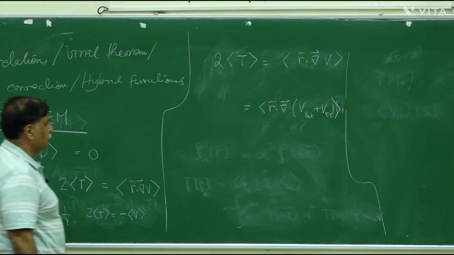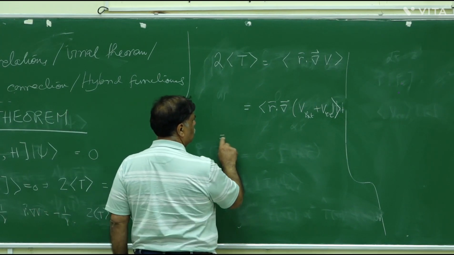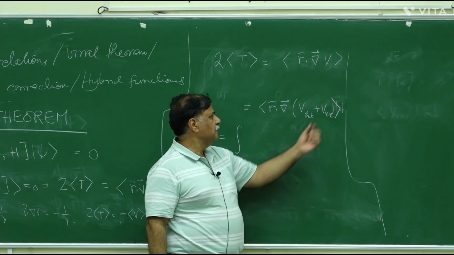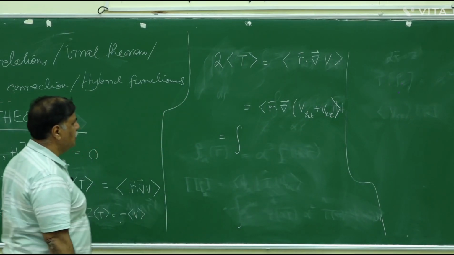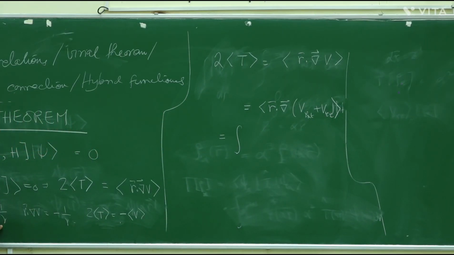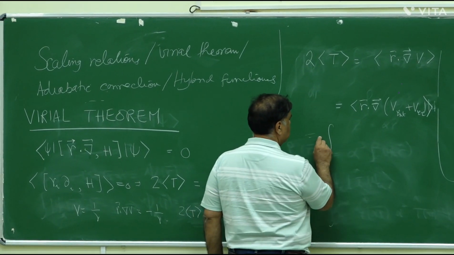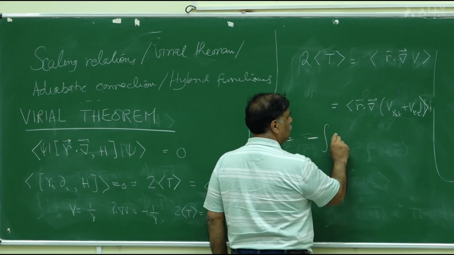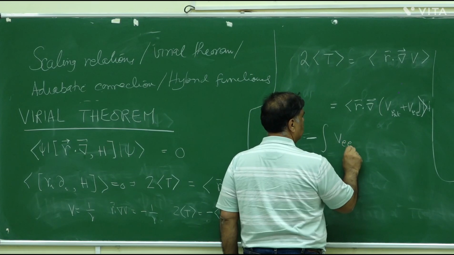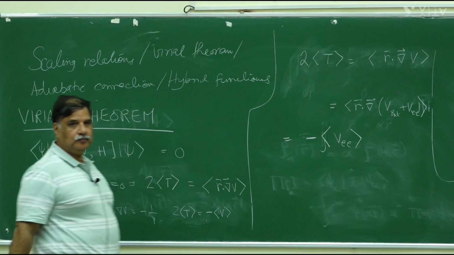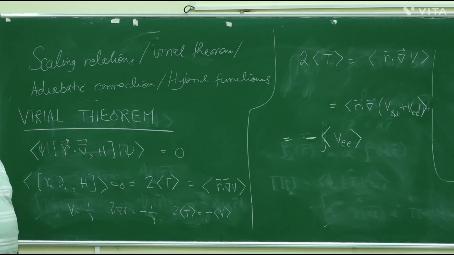Right? This will come out to be integration. Let's write the second term first. If you take R dot del V_ee, I just did it right here. V_ee also has this behavior, 1 over R, right? So R dot del will come out to be minus V_ee expectation value, because V_ee is Coulombic.